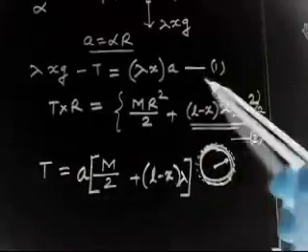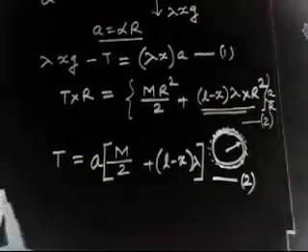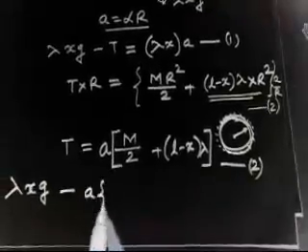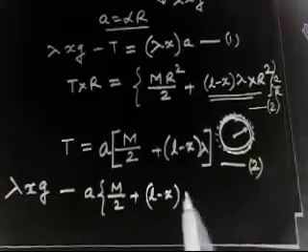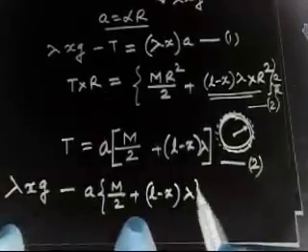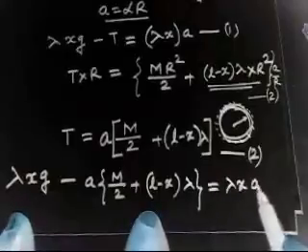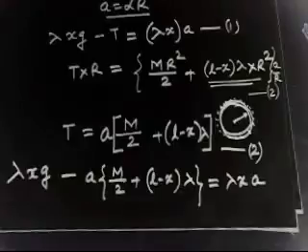Now if I plug the value of T into equation 1, where this is my equation 2 in modified form, from 1 I can write lambda x g minus tension, which is a times (m by 2 plus (L minus x) into lambda). This is tension, and this should be equal to lambda into x into a. So basically now I have to solve for acceleration.